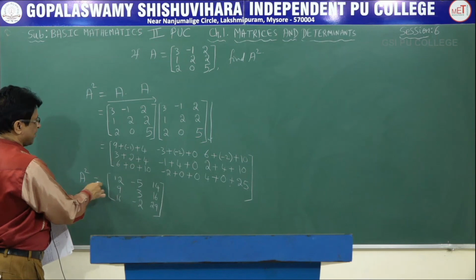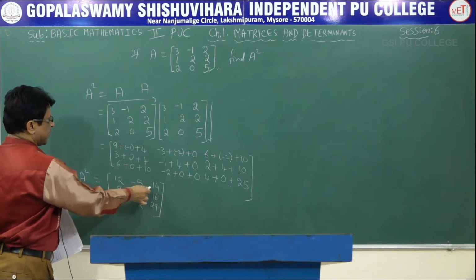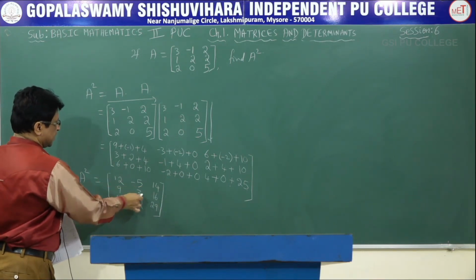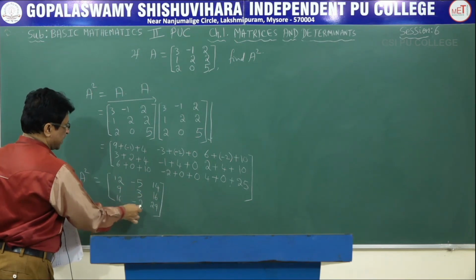So A square will be equal to 12, minus 5, 14, 9, 3, 16, 16, minus 2, 29.